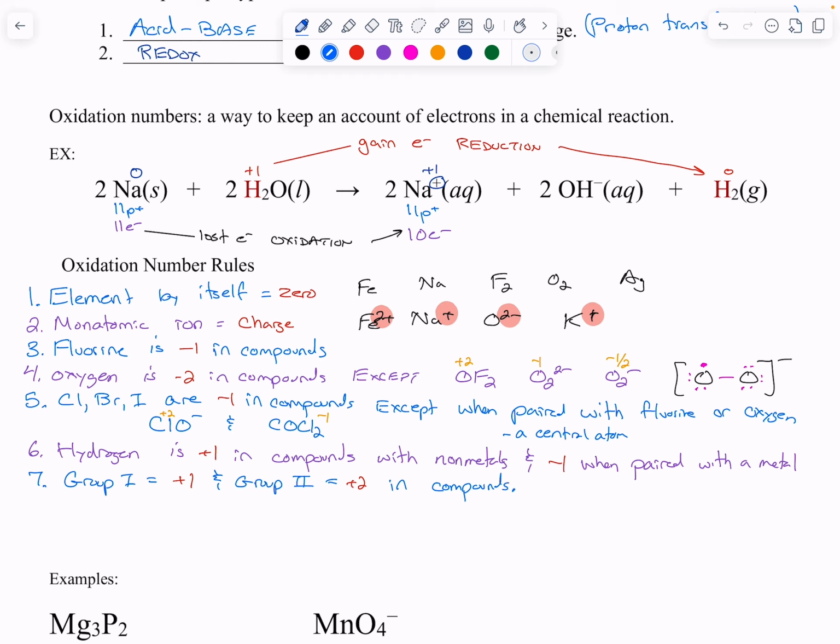Period. No exceptions to that, at least not observed yet. And so, if you're ever trying to figure out the oxidation numbers of these elements, and you get down and you see calcium, well, calcium's in group 2, but you think calcium needs to be either +1 or +3 or something. It is incorrect. Calcium is +2.